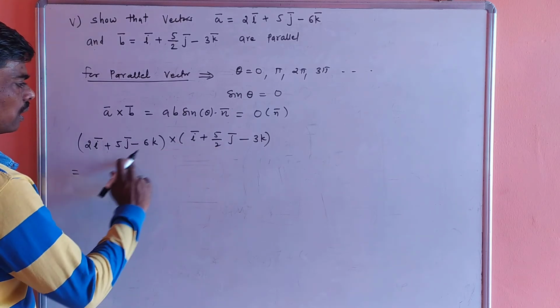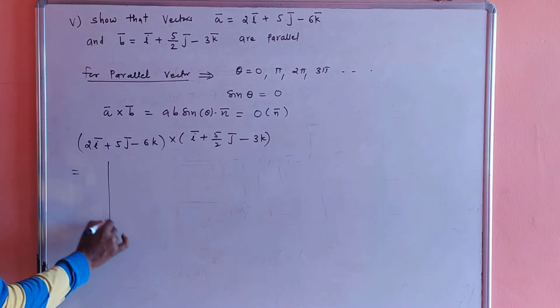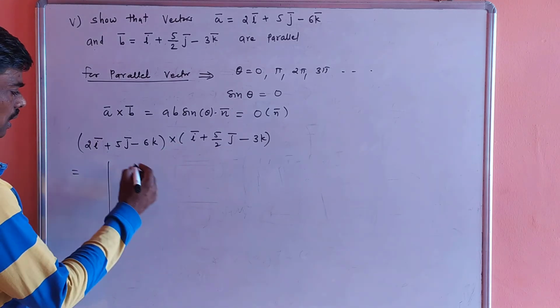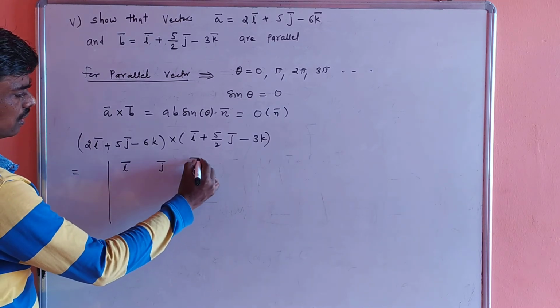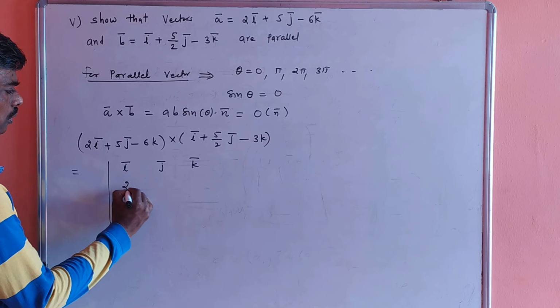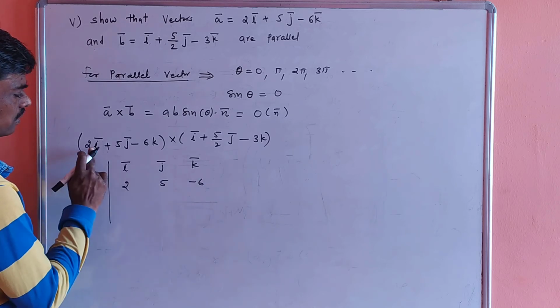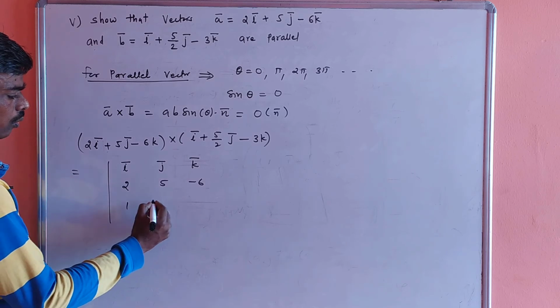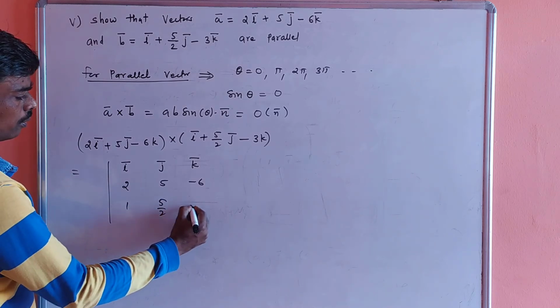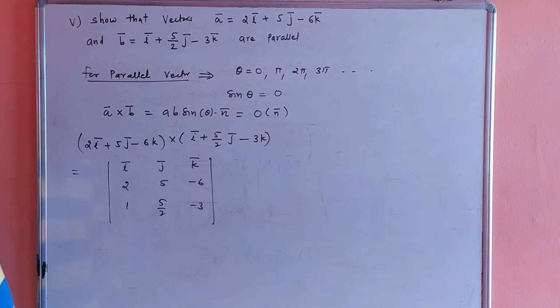The simplest way to solve the cross product is taking the determinant: i, j, k, then 2, 5, minus 6, these are the components of i, j, k for the first vector. Then 1, 5 by 2, minus 3. So we will solve this.